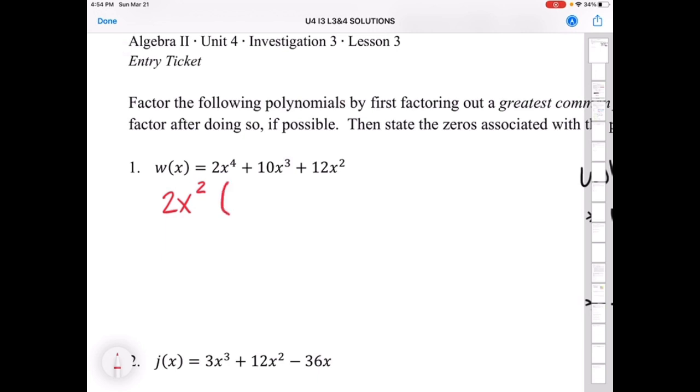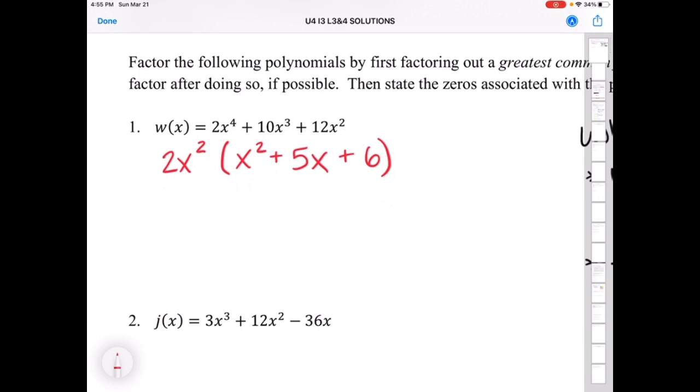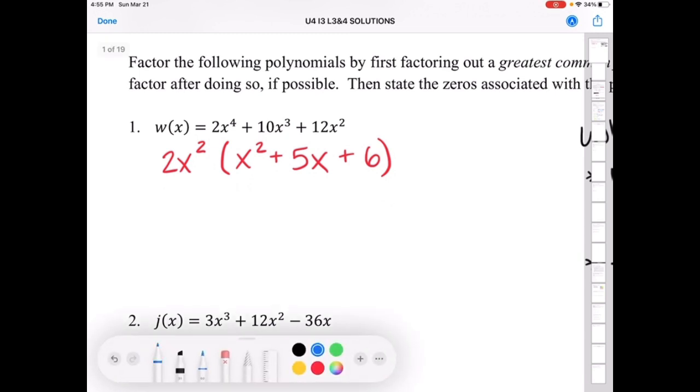If we do that, we are left with x to the second, because 2x to the second times x to the second gives us 2x to the fourth. Here we're left with 5x, because 5 times 2 is 10. x times x to the second is x to the third. And then we're left with plus 6, because 6 times 2 is 12, and we already have that x to the second. Then we've got to factor this polynomial in the parentheses.